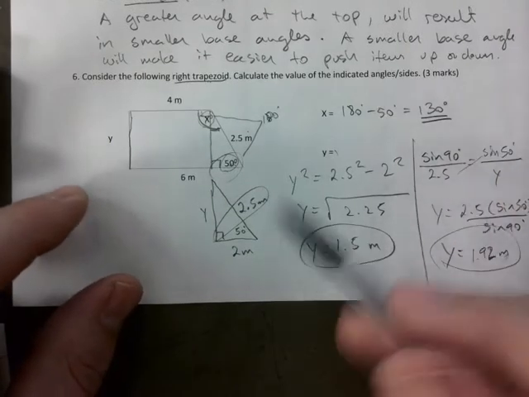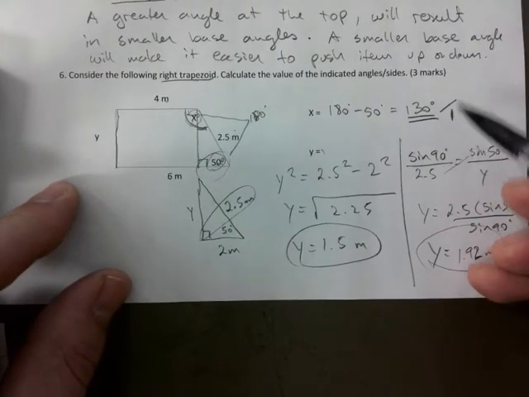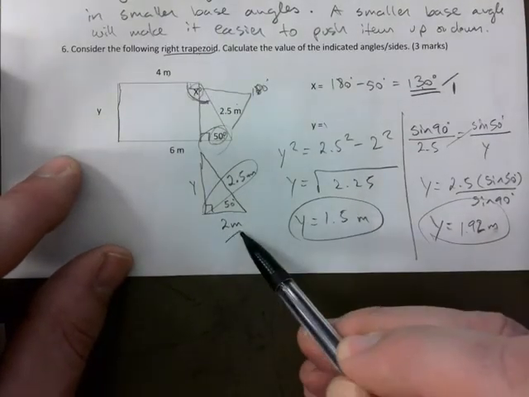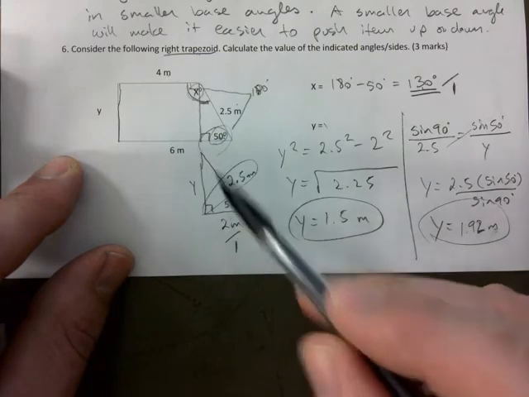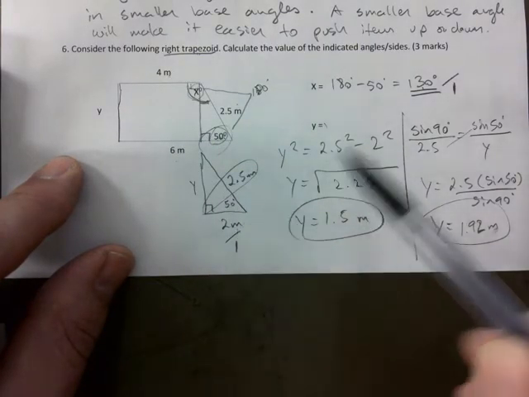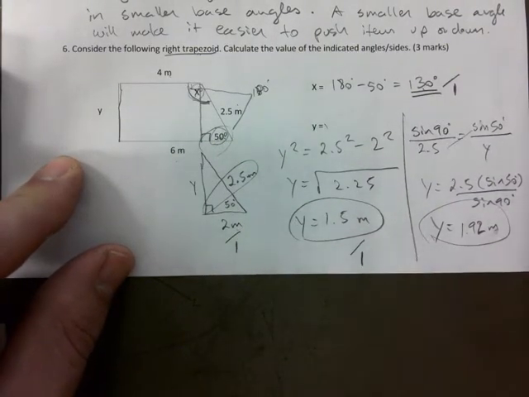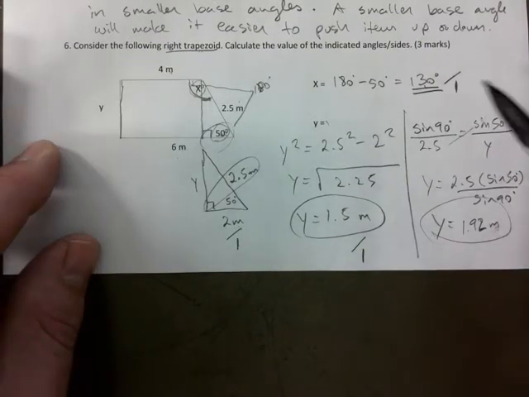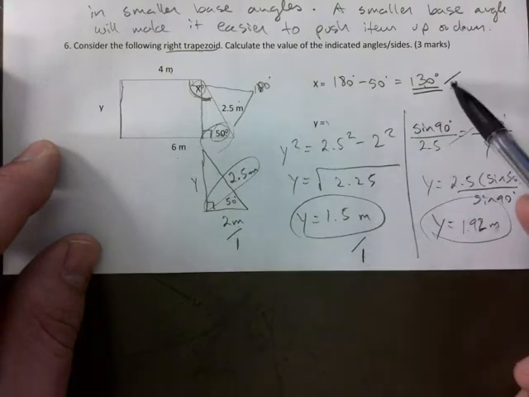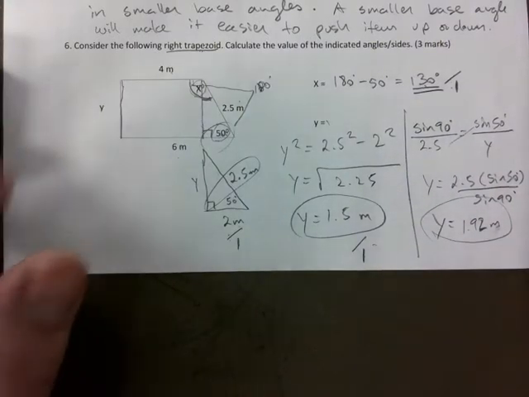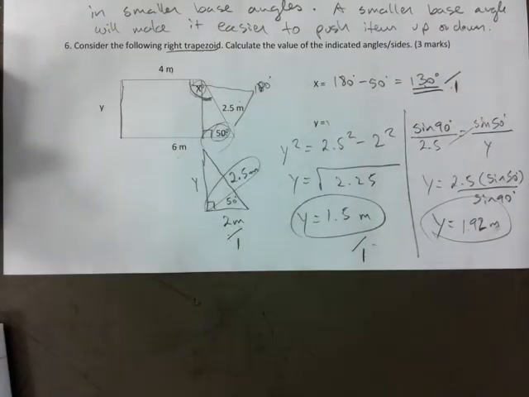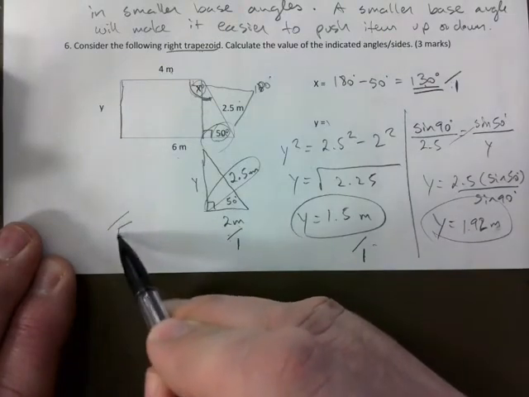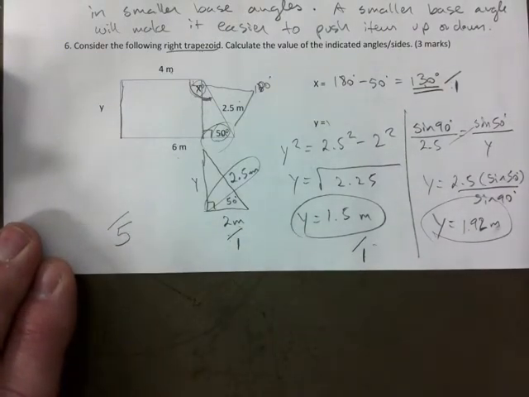Okay, so where are the marks allocated here? You get 1 mark for getting the 130. I would say you get 1 mark for coming up with this triangle, because you have to subtract to get the 2, and you get another mark for using the Pythagorean theorem or sine law. So 1, 2, 3, 3 marks here for the various steps. So this page is out of 5. So 10 and 5, it's out of 15 total.